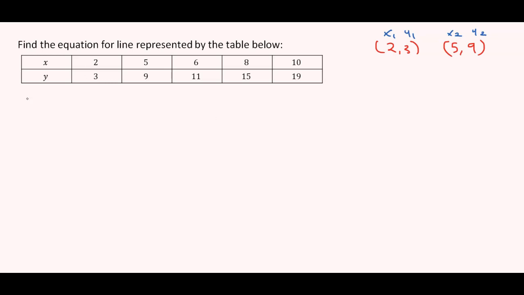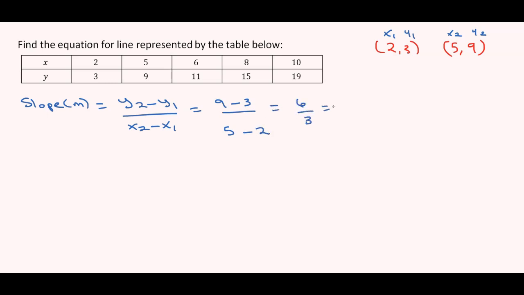So our slope, which is represented by m, is going to be y2 minus y1 over x2 minus x1. So y2 is 9, y1 is 3, x2 is 5, x1 is 2. So we have 6 over 3, which is equal to 2.